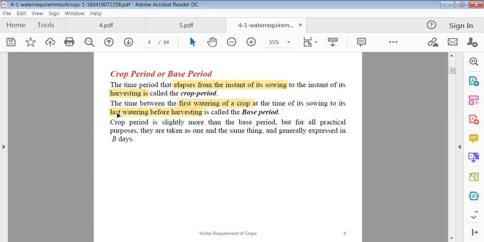Usually the crop period is slightly more than the base period, so the base period is always checked and taken into consideration. We represent the base period with capital B, and it is represented in terms of days.